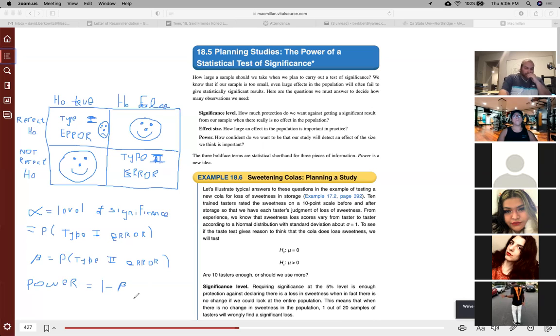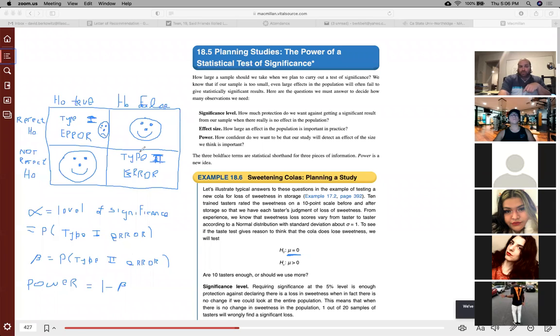Now, let's think about these three a little deeper. If you make a type 1 error, that means a null hypothesis must be true, right? You rejected it when it was true. If null hypothesis is true, then mu has a very specific value. But for beta, it's the probability of making a type 2 error.